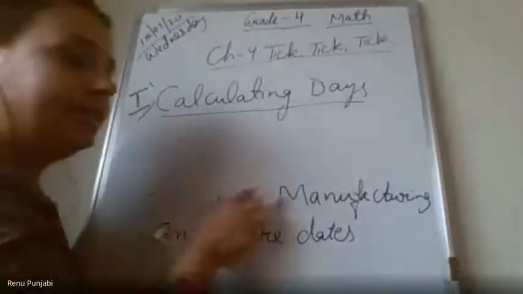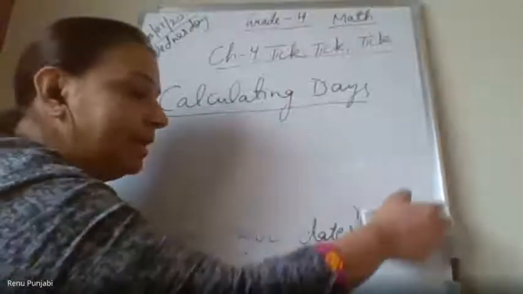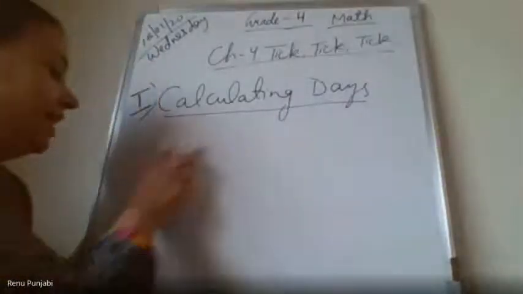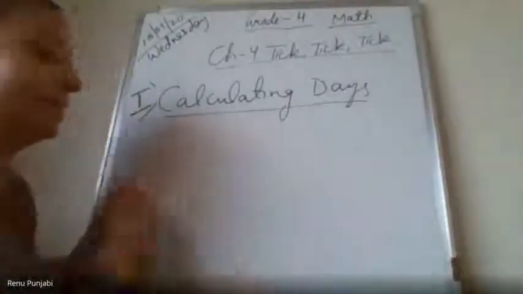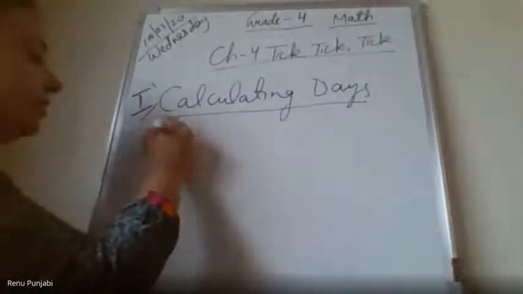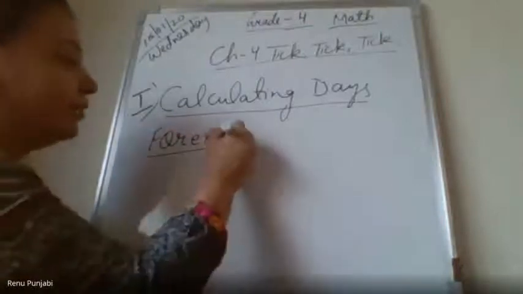How to calculate the days? See, some activities take some months to complete, some days, some weeks. So how will we calculate how many days that activity has taken? For example, I started my project.